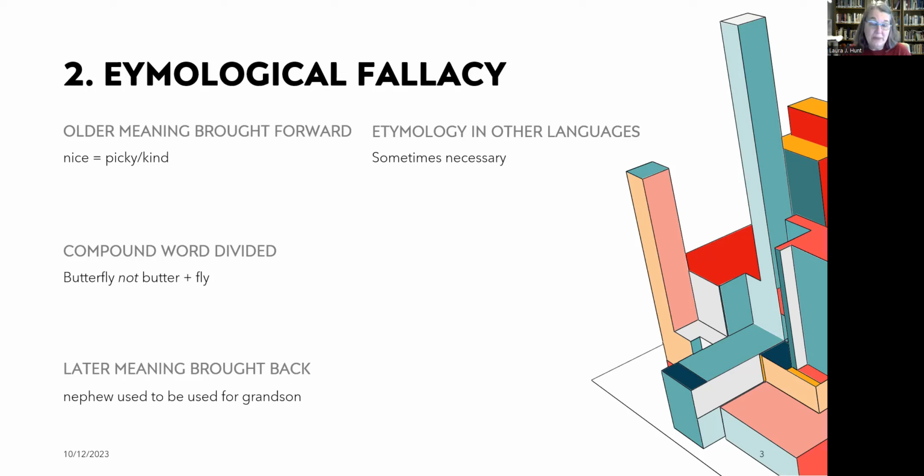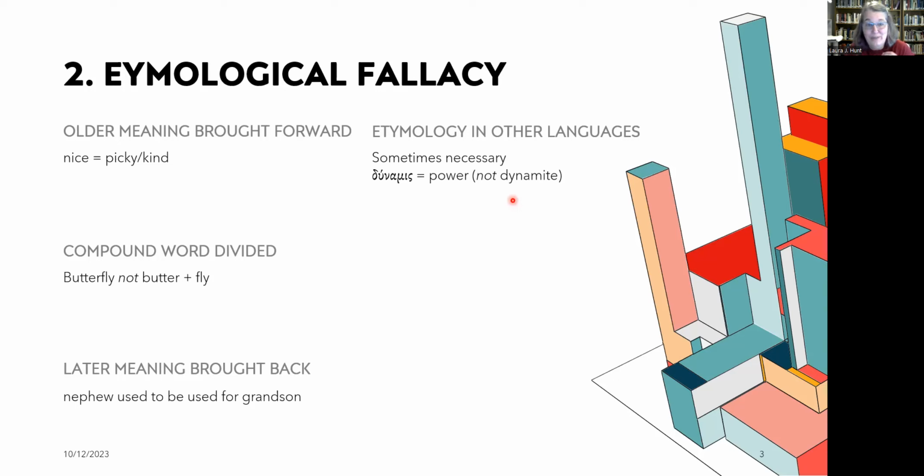However, we have to be careful of etymology in other languages. I don't know if you've heard this, but dunamis is the Greek word that means power. And of course, dunamis in Greek eventually became our word dynamite.